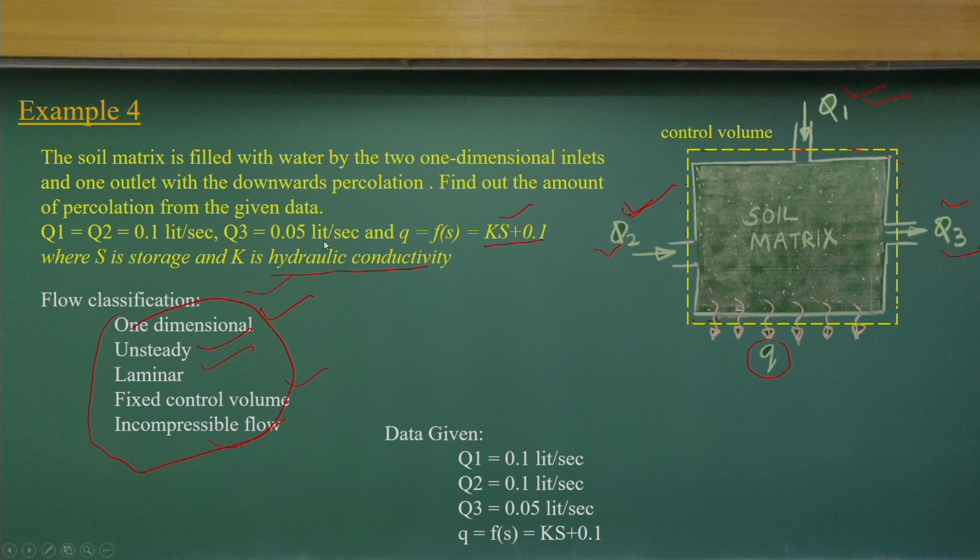This helps us simplify the problem. The data given are Q1, Q2 and Q3 in liters per second, and q as a function of Kx plus 0.1, a linear function between the storage and q, where K is a constant quantity.